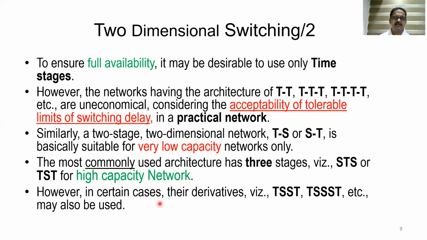However, in certain cases, their derivatives like TSST, double ST, T double ST, T triple ST, etc. may also be used. So, apart from STS or TST, their derivatives are the examples they have given.